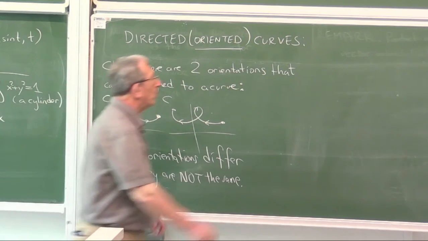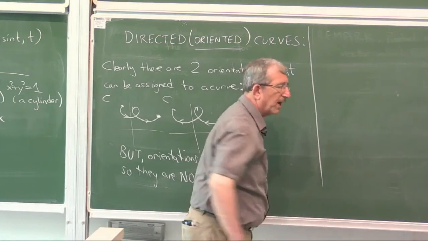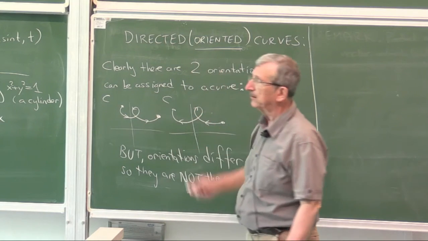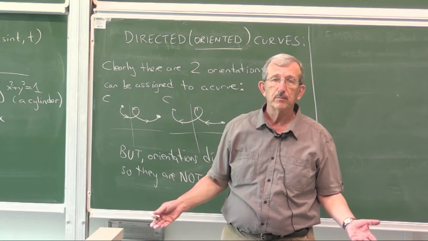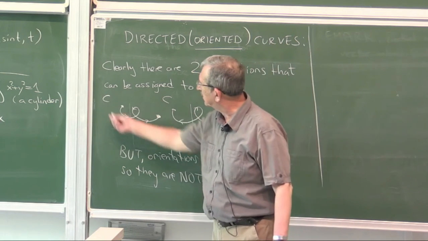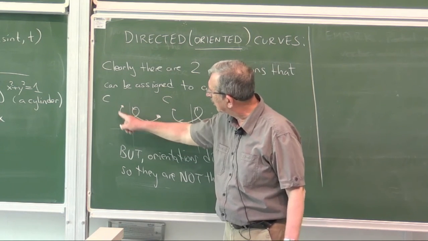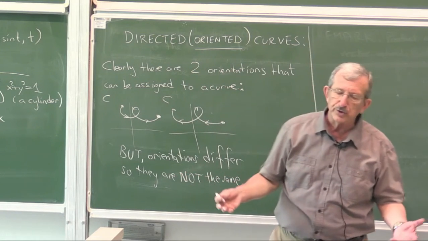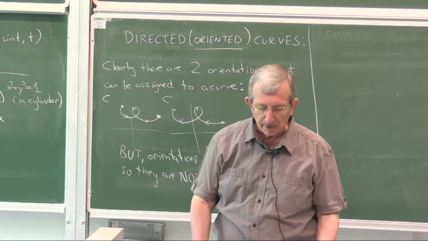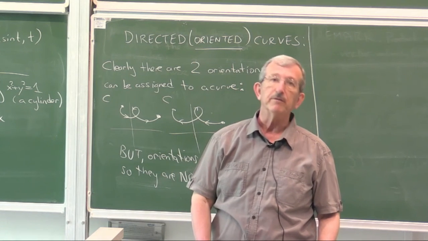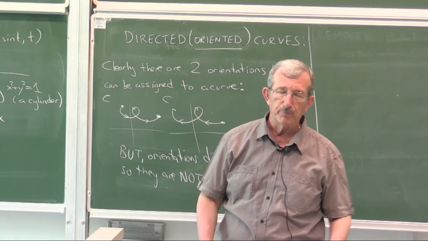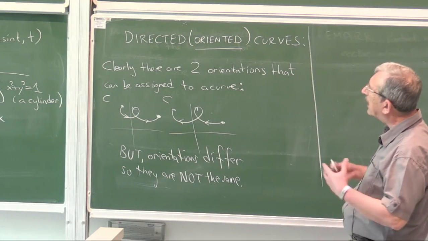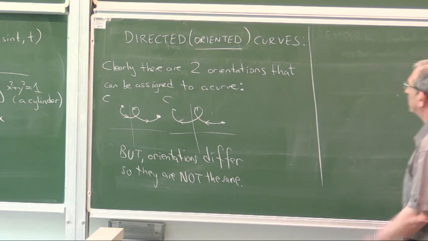Well, how do we know that a curve has a certain orientation, this or that? Of course, we cannot know. If we only know just this figure of the curve without these arrows, then we don't know which orientation is meant. In other words, the orientation must be given. If we want to talk about an oriented curve, there must be an orientation assigned to it.